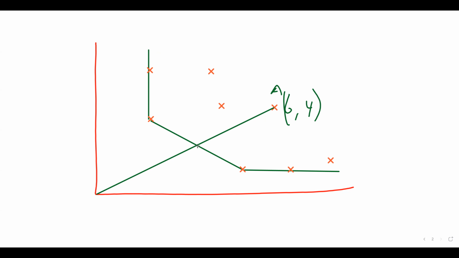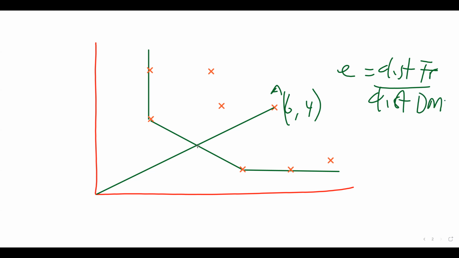We define efficiency as the distance to the frontier divided by the distance to the DMU. The distance to the frontier hits somewhere here, and the distance to the DMU goes further, so firm A is inefficient.